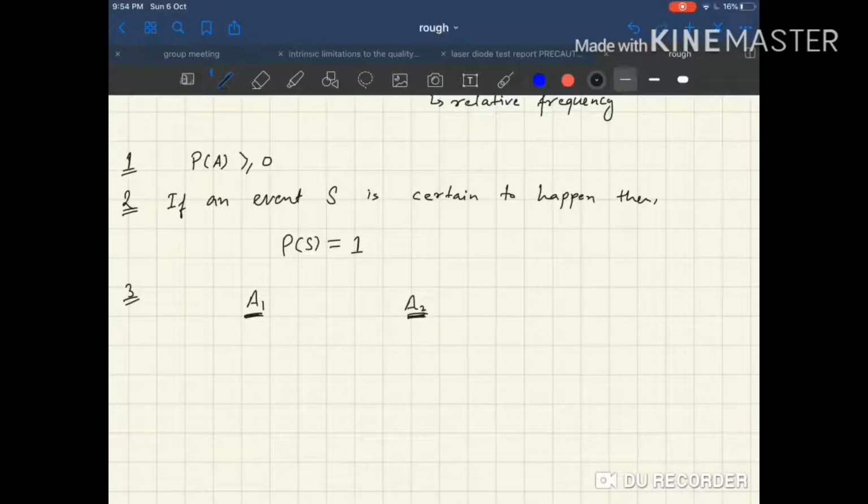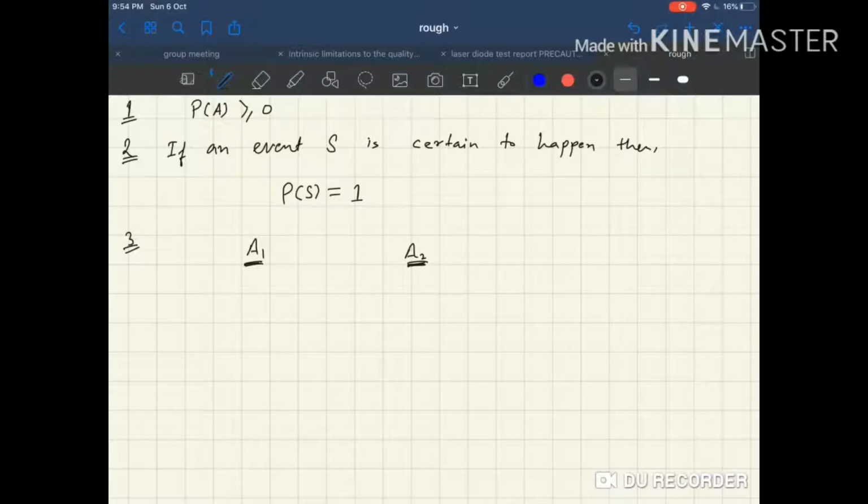That is the other way of saying that A1 and A2 are mutually exclusive. So if they are mutually exclusive, then the probability of A1 or A2 happening is given by the probability of A1 plus the probability of A2.